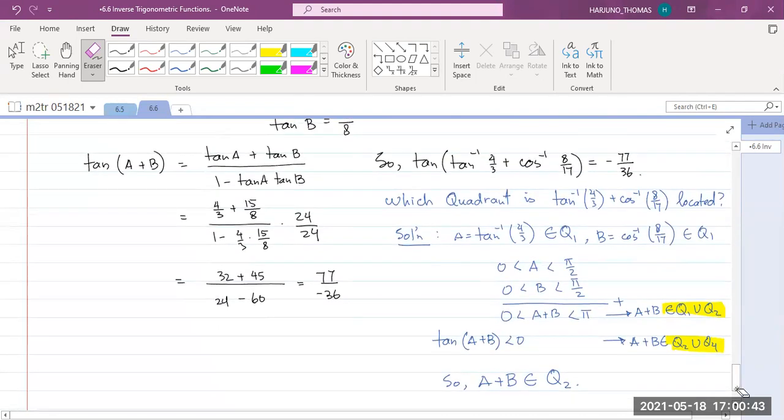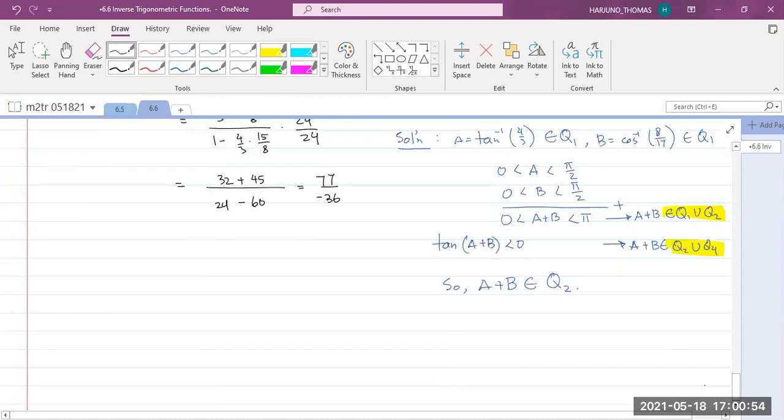so that's how we actually find out where this angle is located. Okay, now let's go on further. Using this technique, we go on with, for example, number 19.